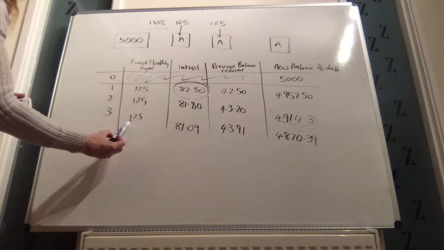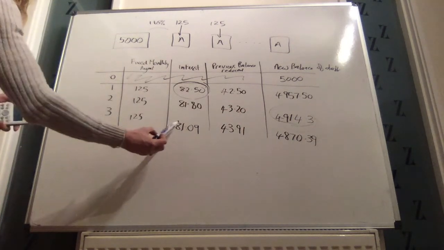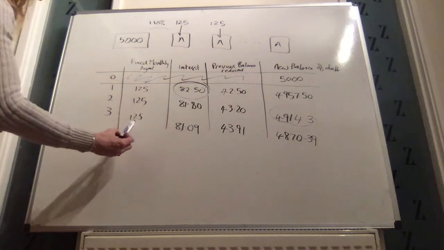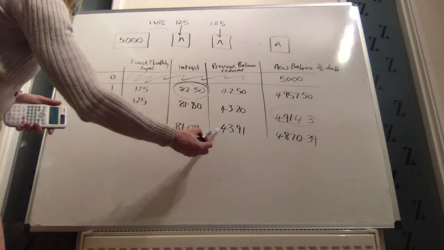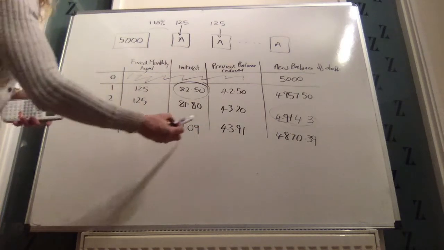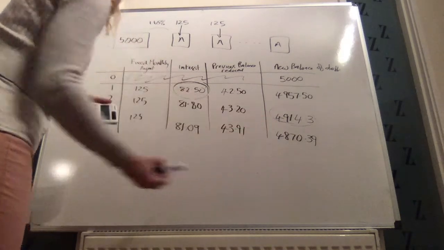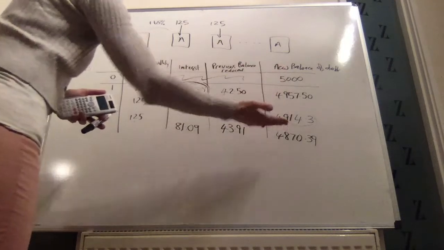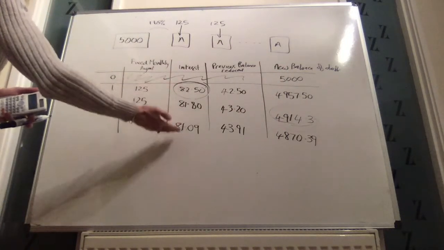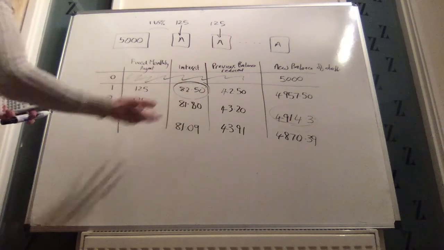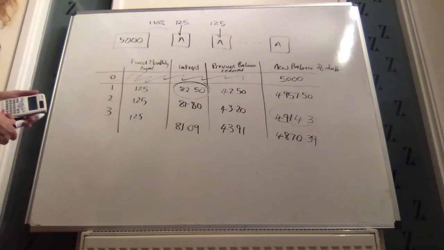But he pays 125 at the end of the month. So 81.09 of the 125 just pays off that interest, and the remaining 43.91 of that 125 comes off his balance. You can see his balance is reducing slowly, but also that a lot of the payments he's paying back over the month are actually interest on the loan.